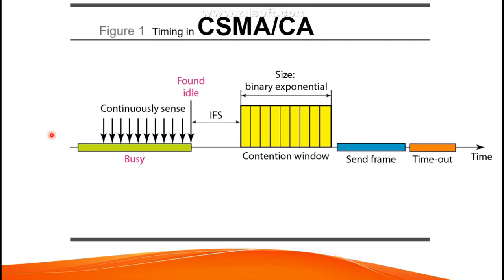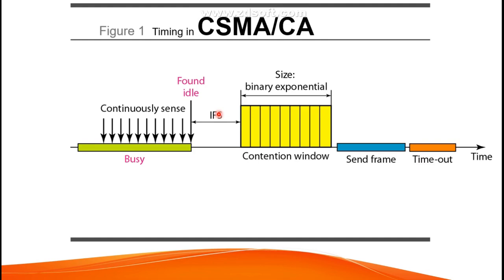Even though the channel may appear idle when it is sensed, a long distance station may have already started transmitting, and it may happen that the distant station's signal has not yet reached this station. So the IFS time allows the front of the signal transmitted by the distant station to reach this station.